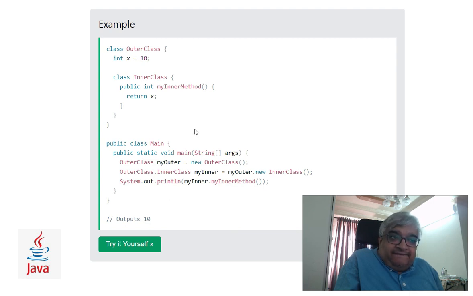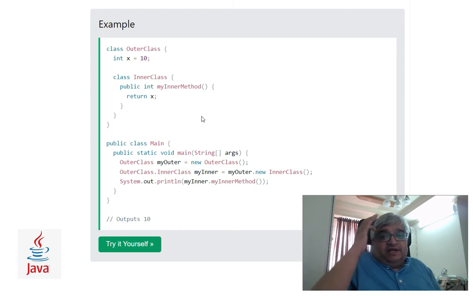So pay some attention, do some homework, execute these examples. Type them with your own hands again, run them, execute them, make changes, and it will be really good for you.